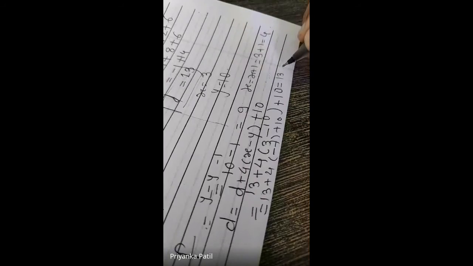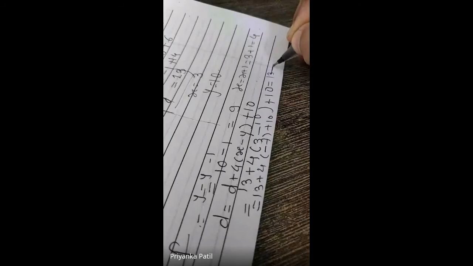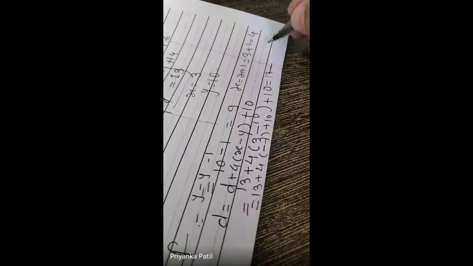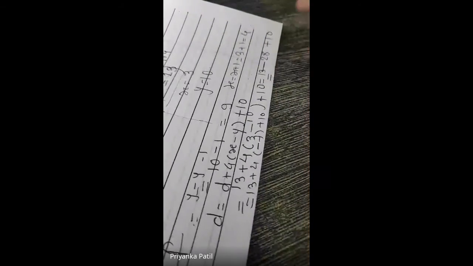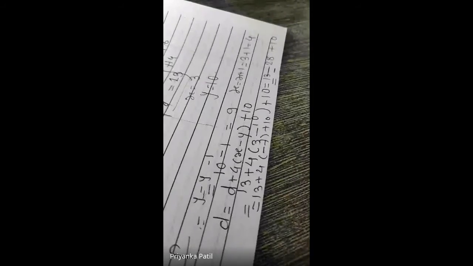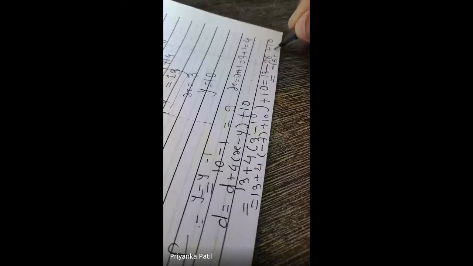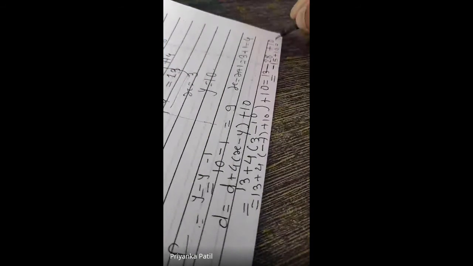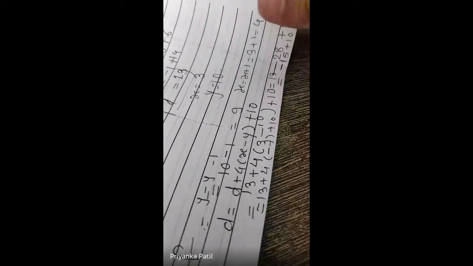So 13 minus 28 plus 10, minus 15 plus 10 is equal to minus 5. This is your new d. Okay, minus 5 is your new d.